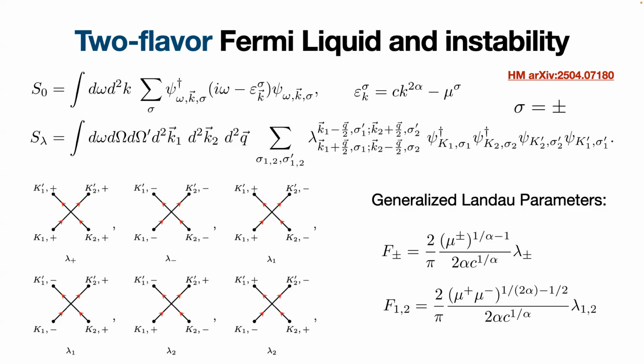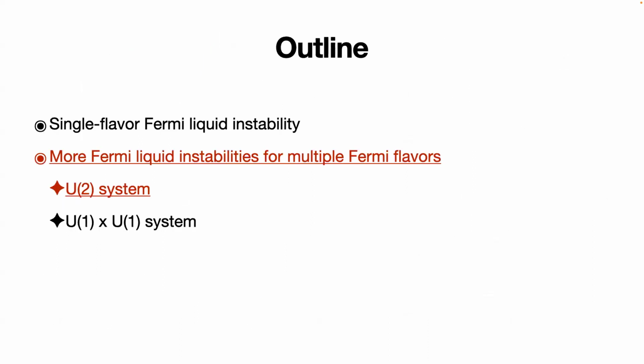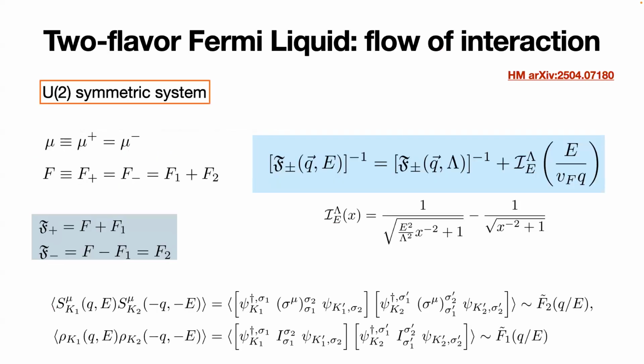Okay, and now I can define the Landau parameter in this way. These are all possible interaction vertices. To simplify the problem, I only consider the U(N) symmetric system.